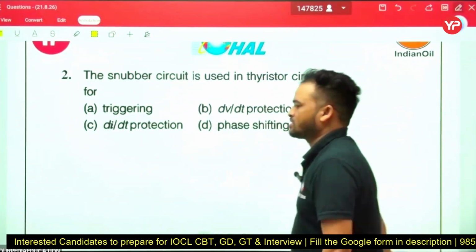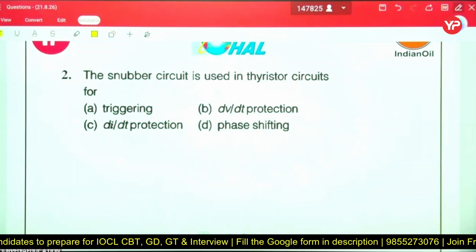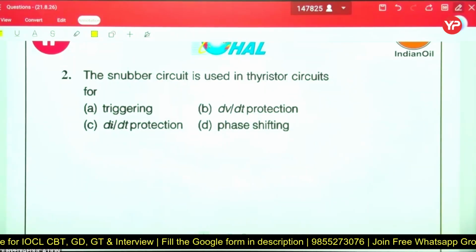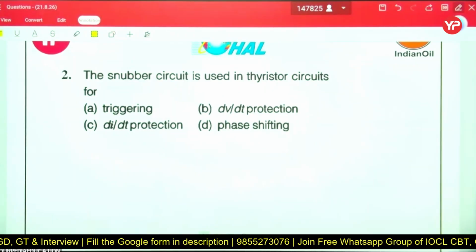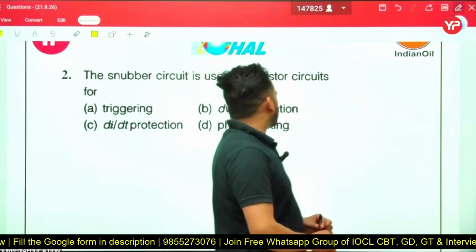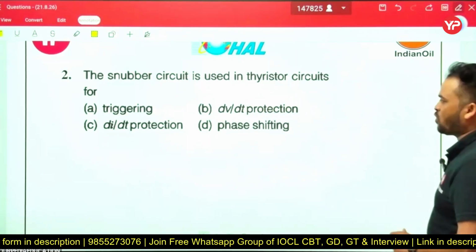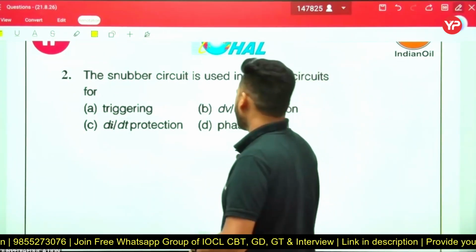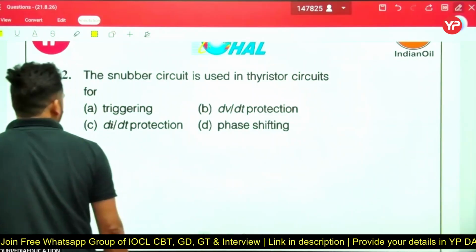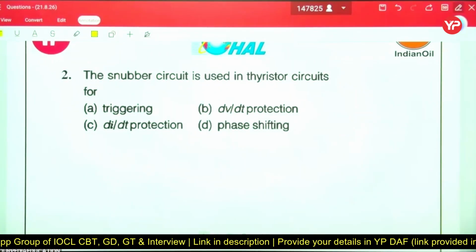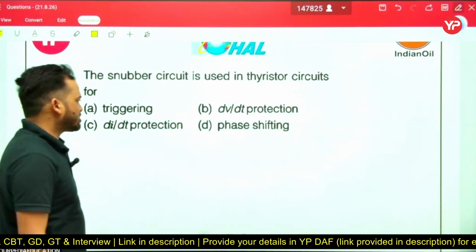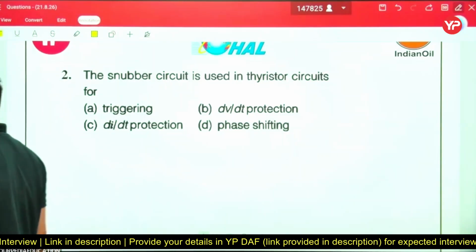Next, second question. The snubber circuit is used in thyristor circuits for: triggering, dV/dt protection, di/dt protection, or phase shifting? Tell me the answer.